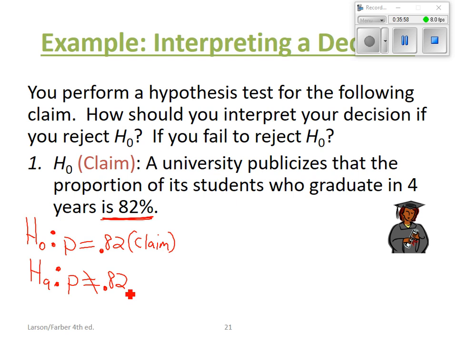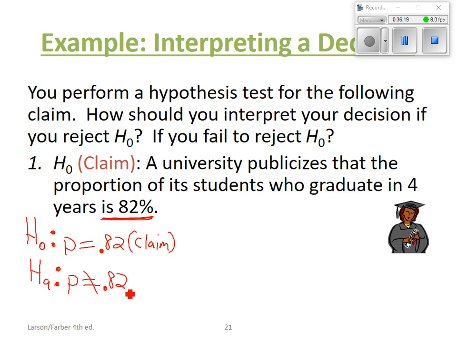If we reject the HO, you look on this chart, it says right there, you reject HO. And then we look to see which of these four we want. Was the HO the claim? Yeah. So guess what box we're gonna start our sentence with? That first one right there.